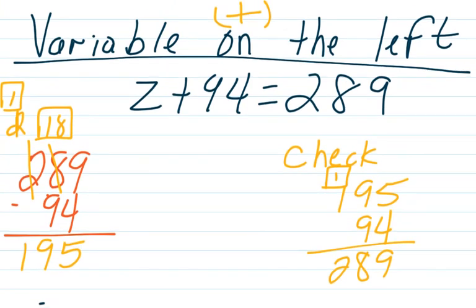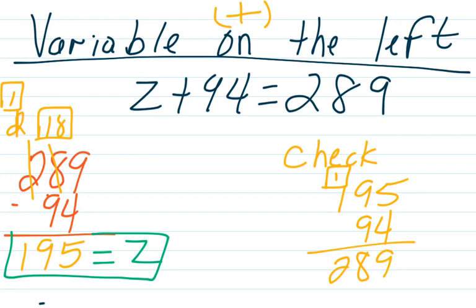So we see that by trying it both ways, by doing an inverse operation and by just doing the same operation that the equation is asking us to do, the one that works for variables on the left of an addition equation, we must add. So 195 equals z. Now I can box my answer.